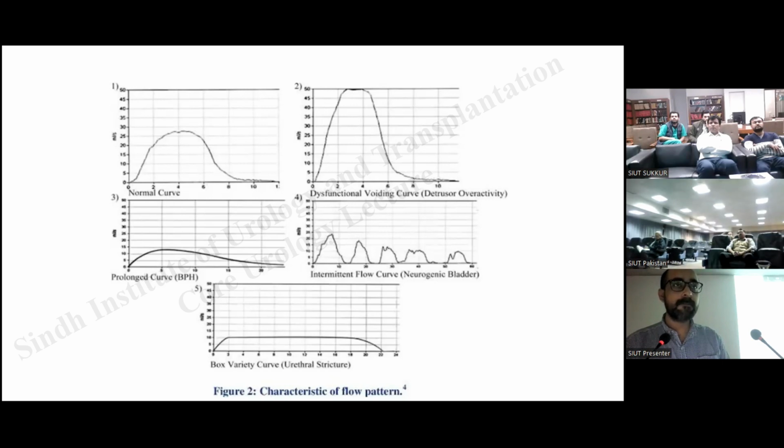But when the patient starts to strain, those lateral lobes close the urethral lumen. So the flow drops, and when he relaxes again, the flow starts again. So you can have intermittency in this graph in cases of BPH as well. It's not always that you see a continuous low flow graph in cases of BPH.